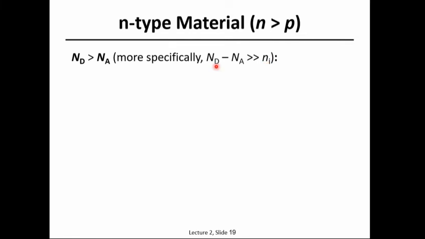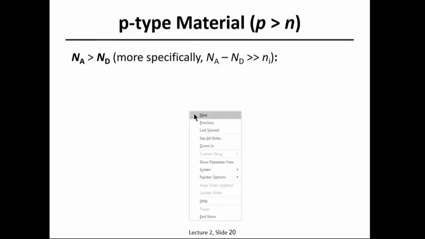Why do we put this in that equation? Because we said always, whether we have N-type or P-type, Np equals Ni square. If we are talking about P-type material, then P is greater than N, and in this case the density of acceptors is greater than the donor density, and here we will have Na minus Nd much greater than Ni.